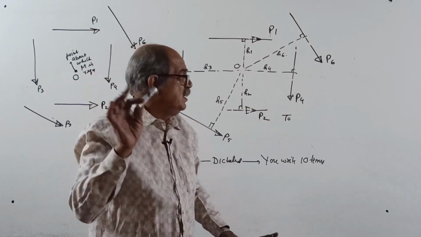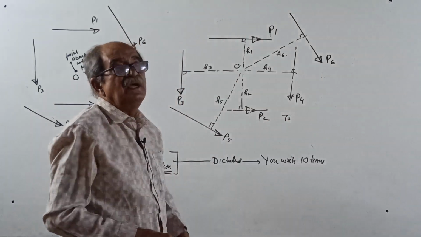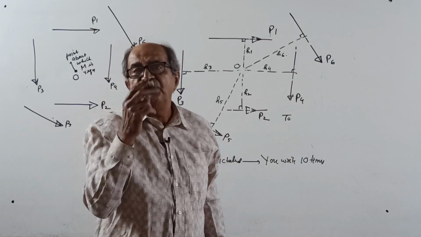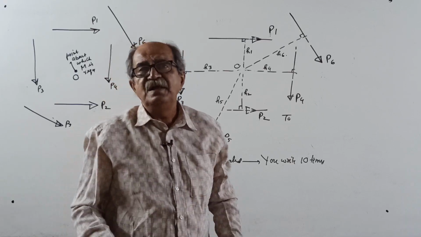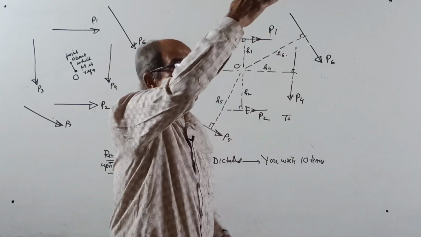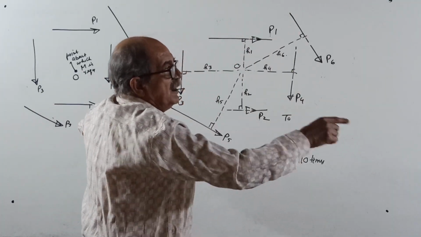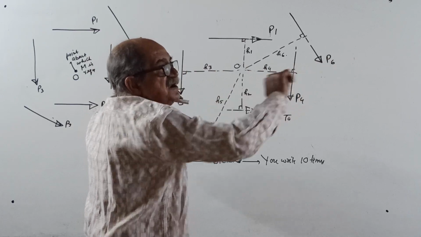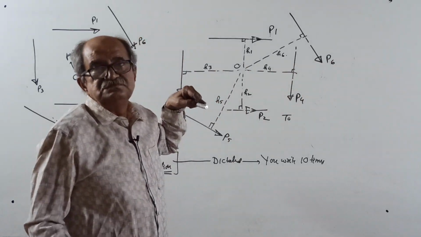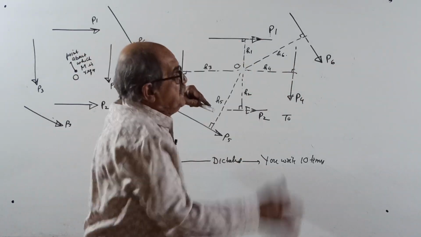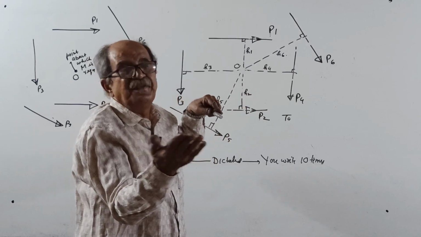Now remember up to the end of education: when you find the moment of any force about a point, if the force is vertical, multiply by the horizontal distance. Never multiply vertical by vertical, see the nonsense.